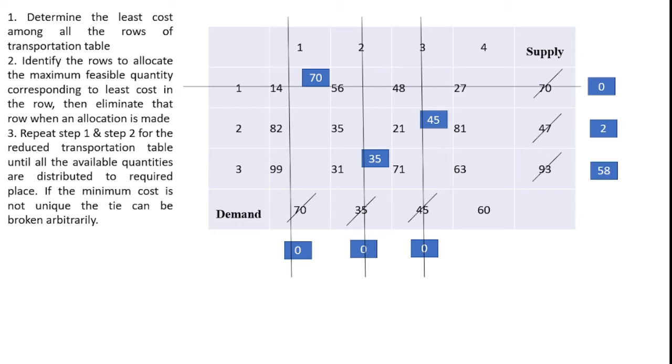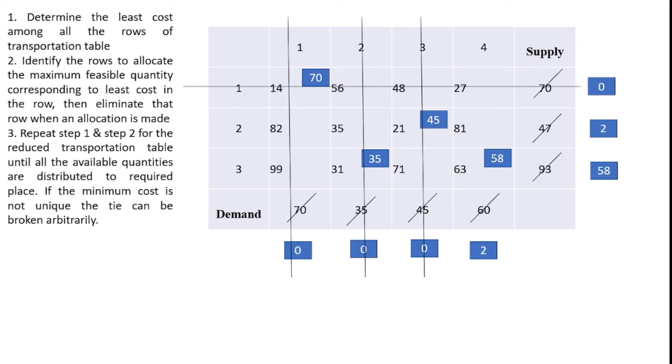Likewise I have some balance supply after that elimination step. After that I identify, here you see, the balance 81 and 63 are available. I compare both. The least cost is 63, so I allocate the balance supply 58 to that corresponding cell. The demand is 60, so 60 minus 58, there is a pending demand of 2 with that problem.